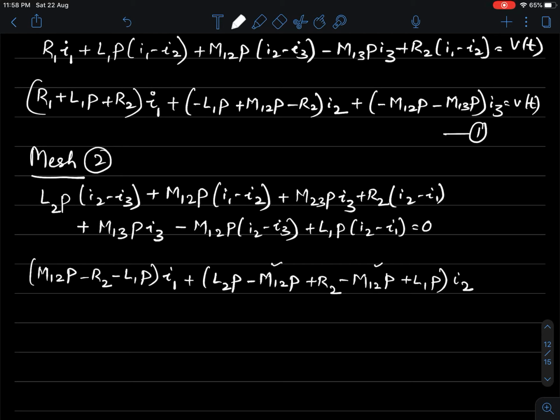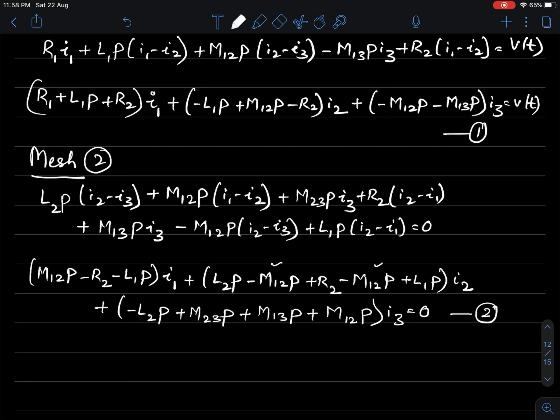Alright, then plus terms containing I3: minus L2P plus M23P plus M13P plus M12P, I suppose, into I3 equal to 0. Okay, 2, 3, 4 terms. Alright, this is my equation 2.